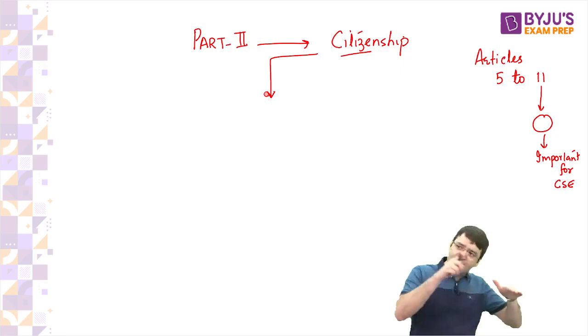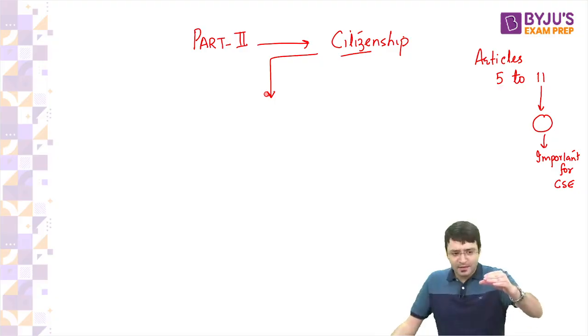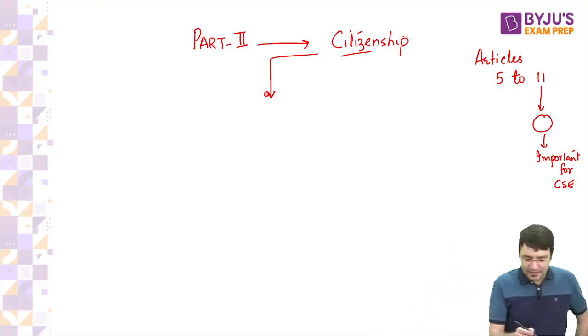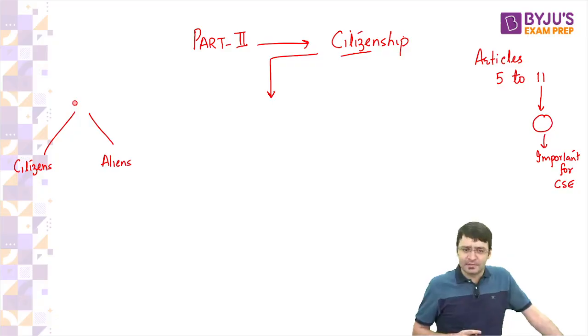You owe your allegiance to that state. For example, in India, the entire population of India, all those who are residing in India, can be divided into citizens and aliens. Who are the citizens?